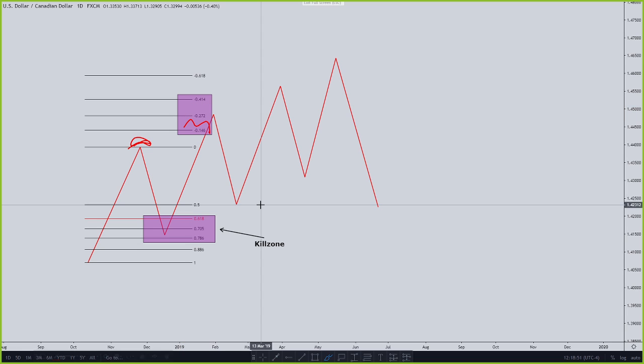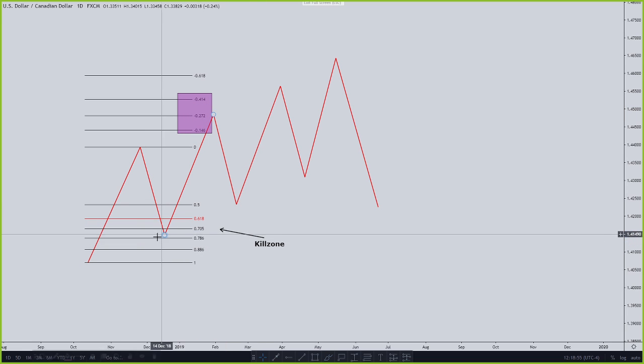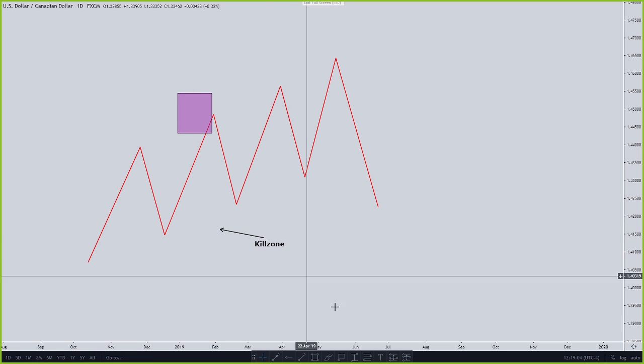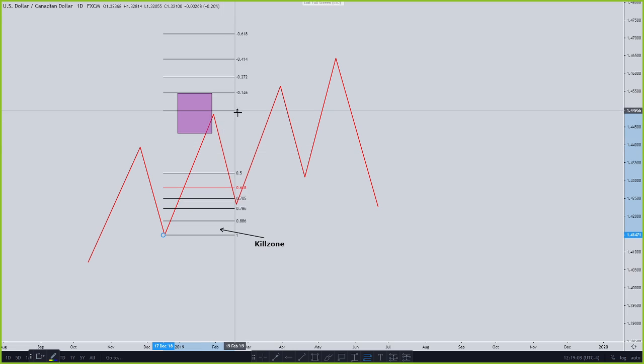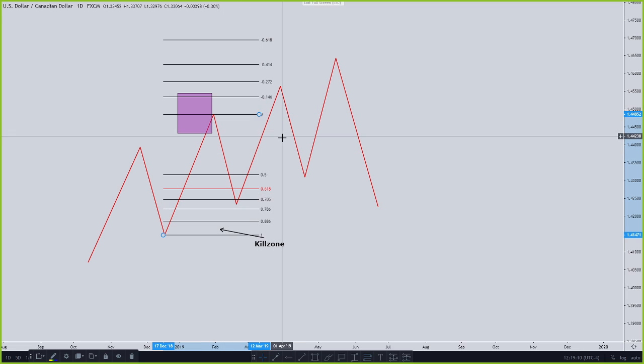Okay, and again, it's basically just rinse and repeat. Once we've seen that next expansion, we are then going to essentially be deleting this fib and redrawing it from now the previous low to the most recent high. And once again, what are we looking for?